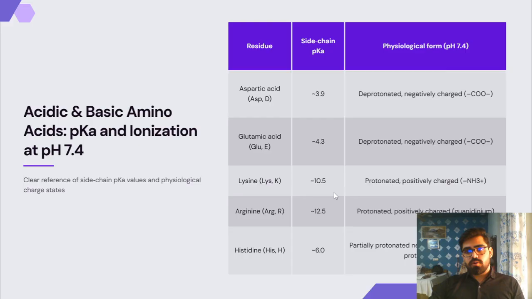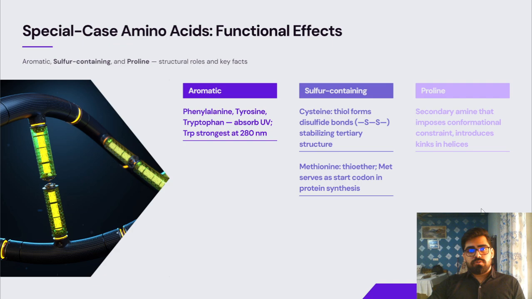Going to the next slide, we have special case amino acids. We have to always remember when we study chemistry, organic, inorganic, especially organic, there are always exceptions. So what are those exceptions? First one, aromatic, sulfur containing, and proline.